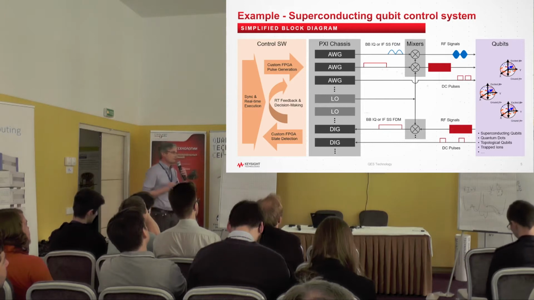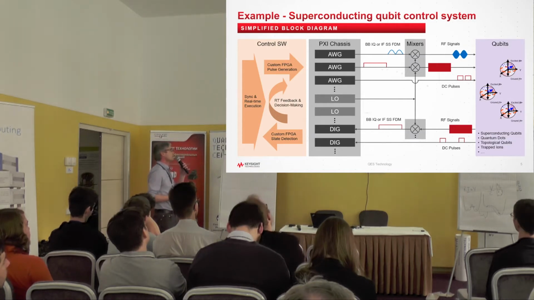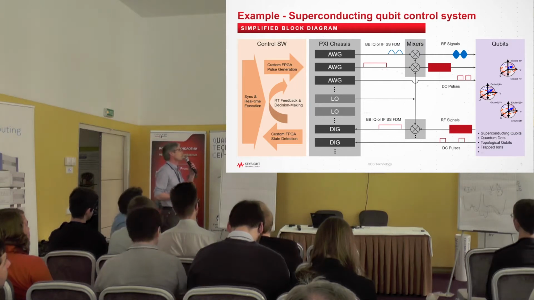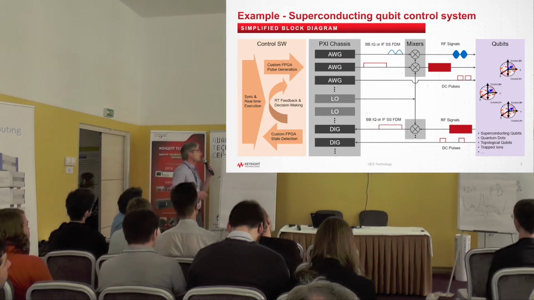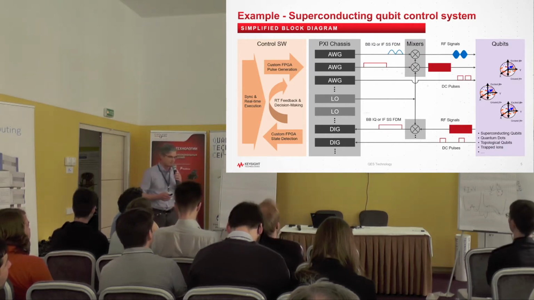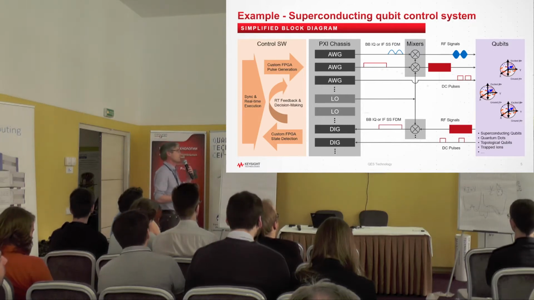What we have been doing a lot in recent years is building qubit control systems. This is a simplified diagram for, I would say, solid-state qubits like superconducting or spin qubits. It consists of a number of signal generators, because as was explained in the previous lecture, you need to generate microwave pulses to control your qubits and to read out their state.